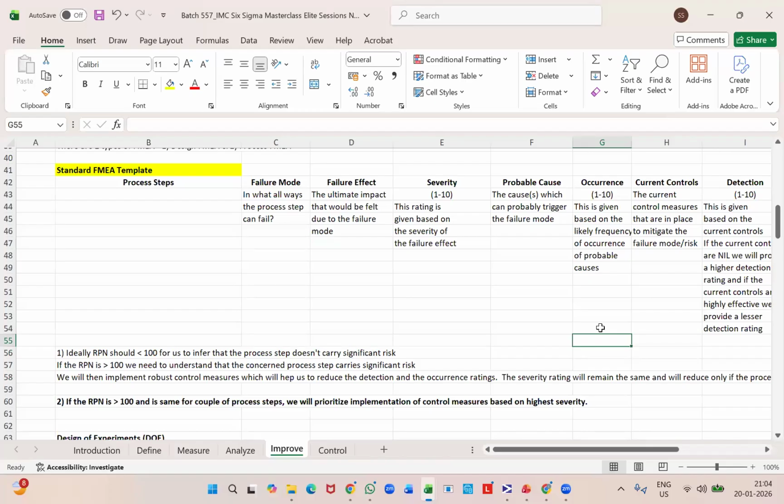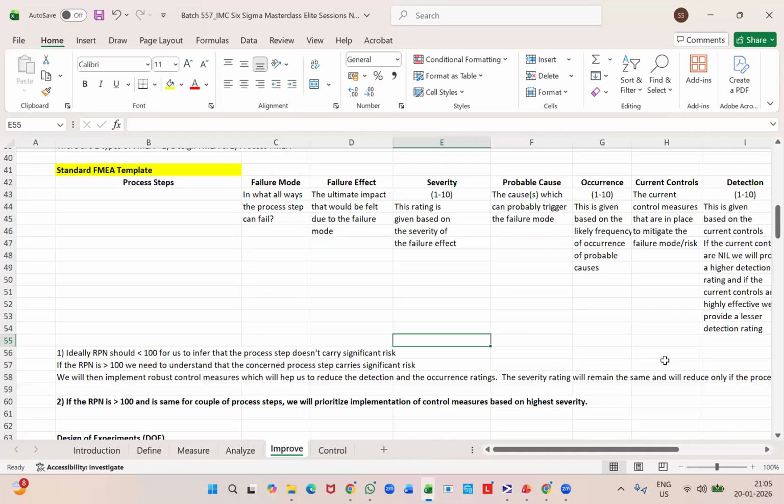Sridhar, do you have a sample sheet where it says this is the process step, this could be the failure mode, then severity, then cause? That would help to understand. The process that I have actually dealt with may not be the one you are currently working on, right? I have predominantly done this exercise for F&A processes.